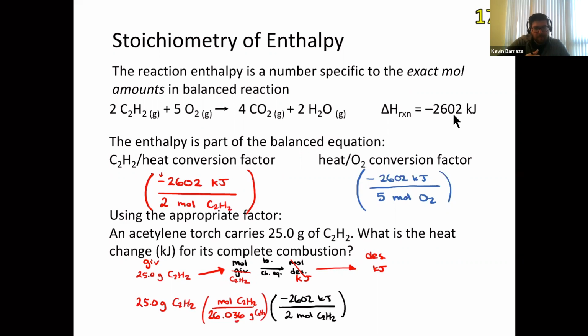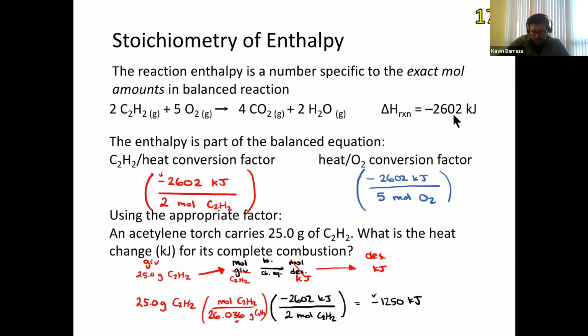With that, everything cancels, and we're left with kilojoules, which happens to be the exact unit that we want. So it comes out to minus 1250 kilojoules.